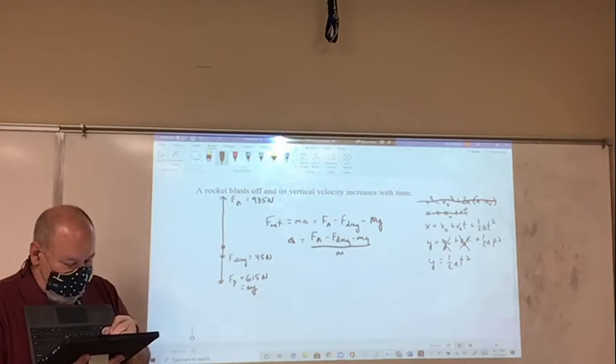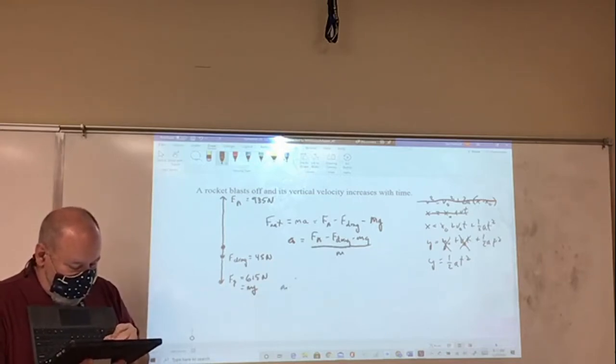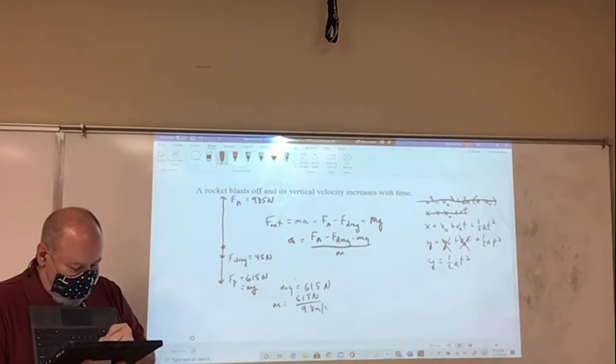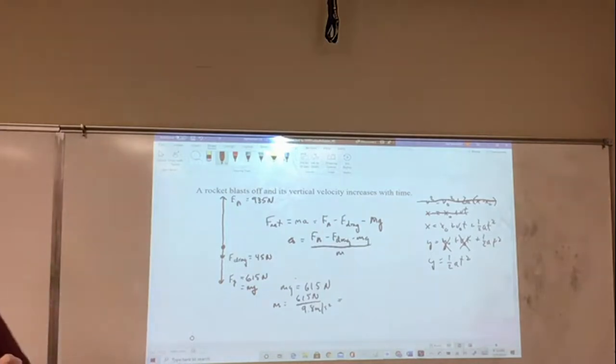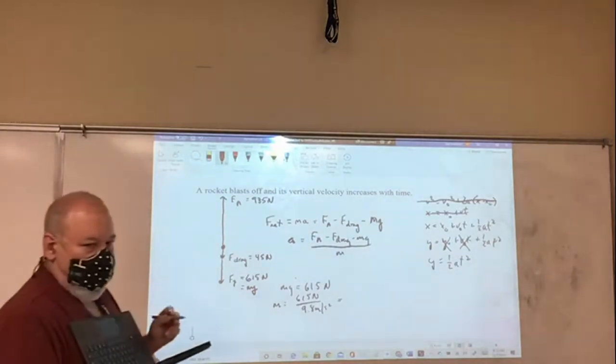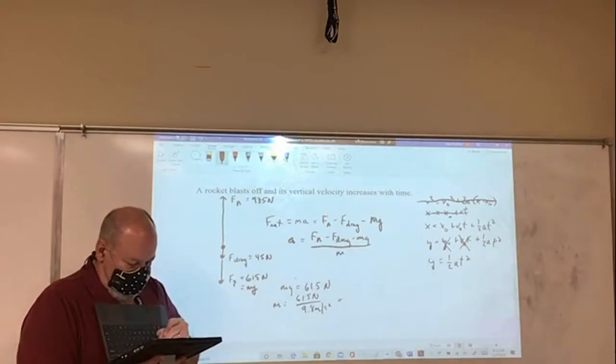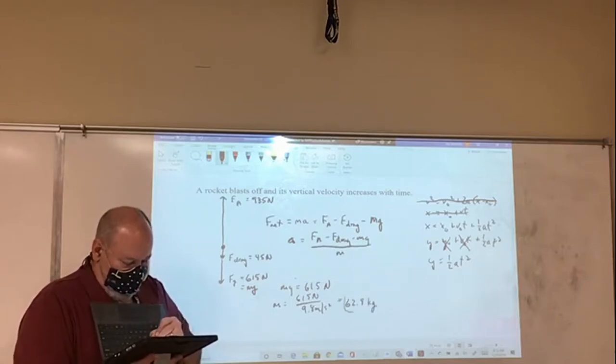I know that mg equals 615 newtons. So mass equals 615 newtons divided by 9.8 meters per second squared. If somebody would be so kind as to divide 615 by 9.8 for me. 62.76. So we'll say 62.8 kilograms. Okay, so now I've got a mass.